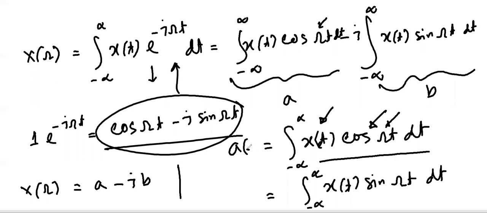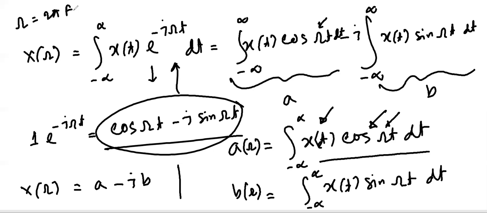A is also a function of omega, and b is also a function of omega. Omega equal to 0 shows the DC value. Omega equal to 1, 2, 3, whatever the value. But again, omega is equal to what? 2 pi capital F. So you can choose the value of capital F, starting from 0, 0.1, 0.2; it is continuous.